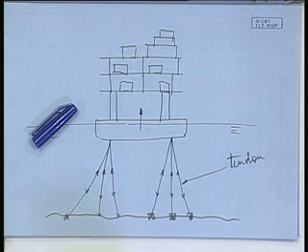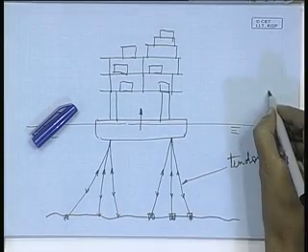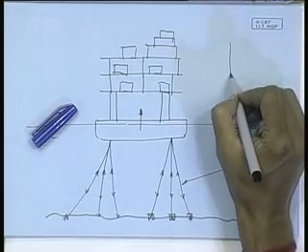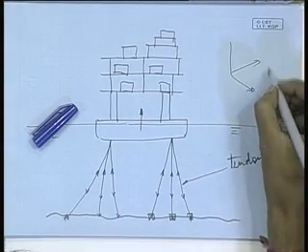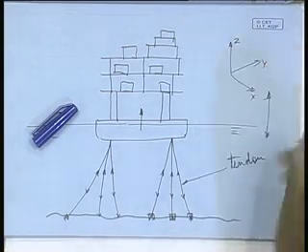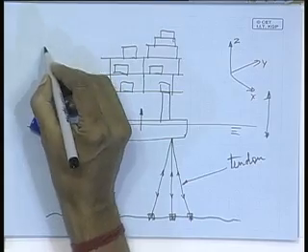The reason is to minimize the swaying motion, and minimize the heaving motion. This motion, if this is my z axis, the motion along the z axis is called heaving motion, right?